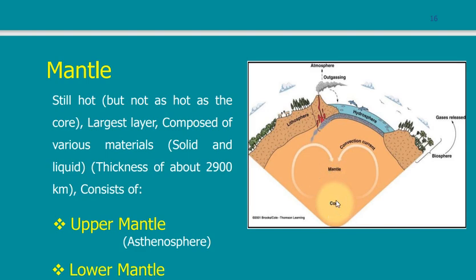So we have core, mantle, and then crust on top. The lithosphere is really part of the crust here on top, and this lower part is part of the upper mantle. So this is the lithosphere. The hydrosphere is everything related to water.